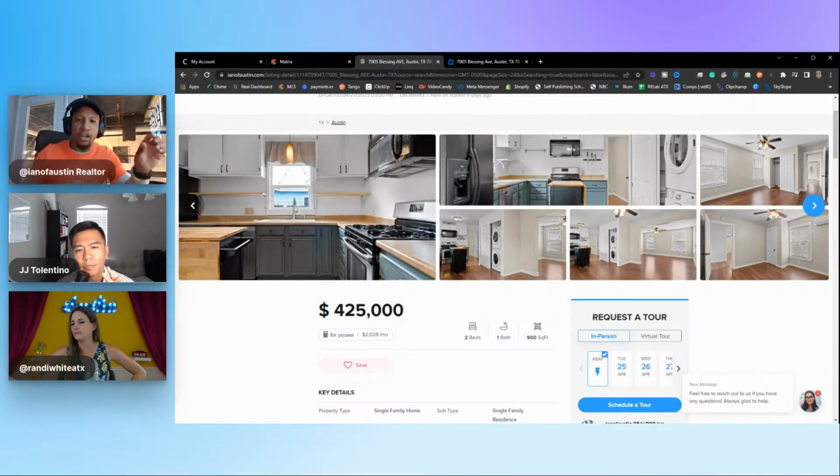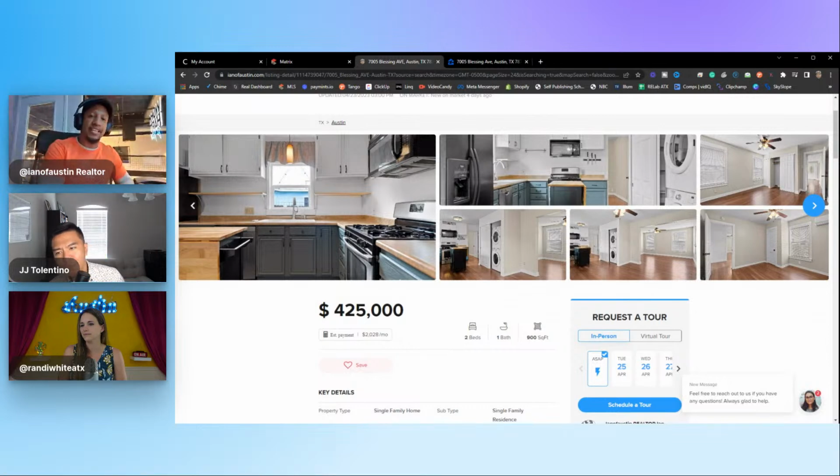So this lot is large enough for an investor to purchase, tear down, and put 2 condos there at like $1 million each. Or someone who needs to buy a home, but maybe they can't afford more than $500,000 to live in Austin. And this is a great option for their first property that's still kind of city centric.